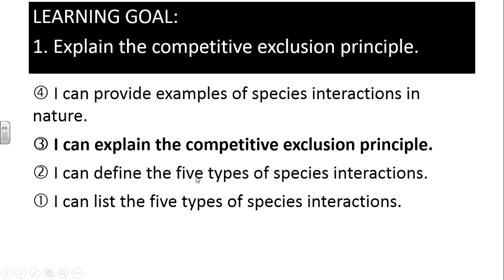But if you can define all 5 types, that puts you at 2. Eventually, you want to be able to explain the competitive exclusion principle. That's our ultimate goal of getting to number 3. 4 is where you want to be able to provide examples of those different species interactions in nature, like you can look at an example or find an example of mutualism or commensalism in the world around you.